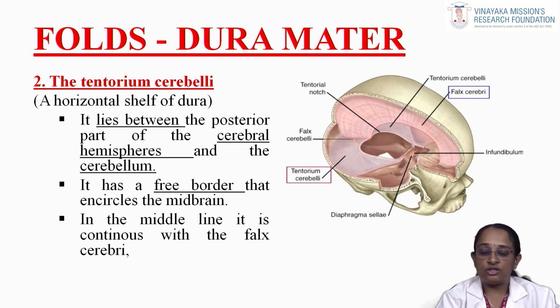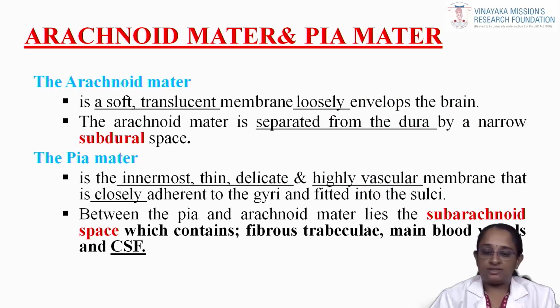So the tentorium cerebelli separates the cerebrum and the cerebellum. These are the folds of dura mater which separate the organs. Then the arachnoid mater, the second layer, is a soft and translucent membrane which envelops the brain. It has a space called the subdural space.